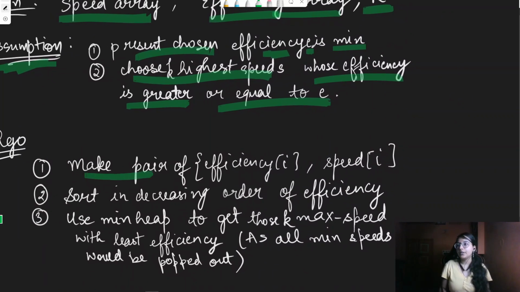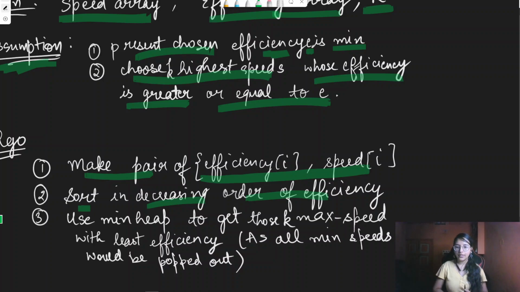The algorithm which follows is that we make pairs of efficiency I and speed I, because both of them are associated. Then we sort in decreasing order of efficiency, so that when we are processing the speeds, we can easily eradicate the minimum speeds which are there.